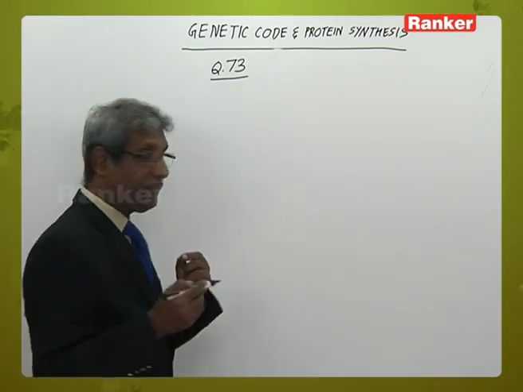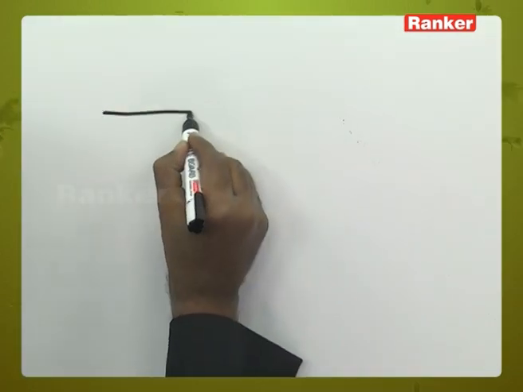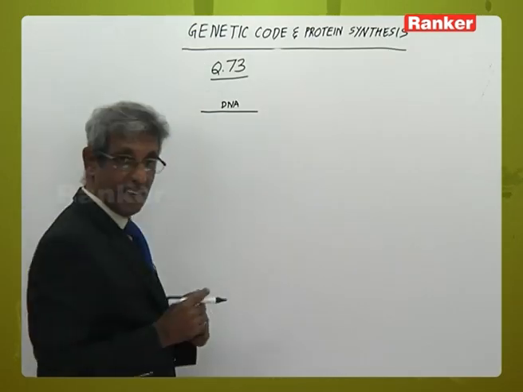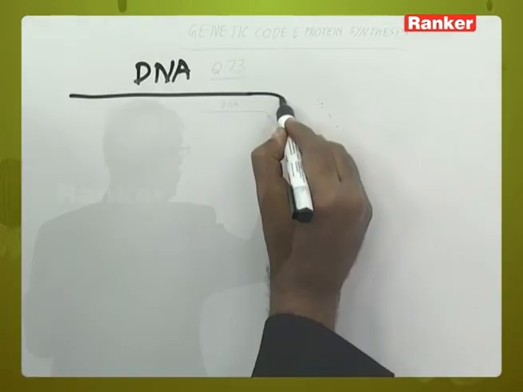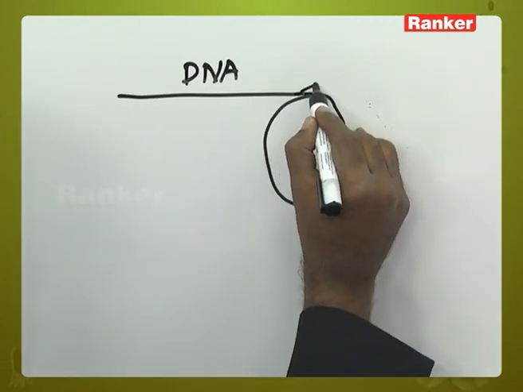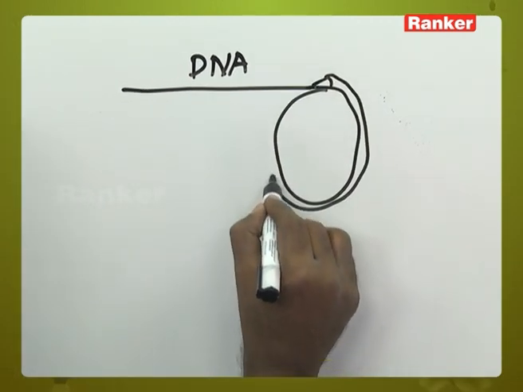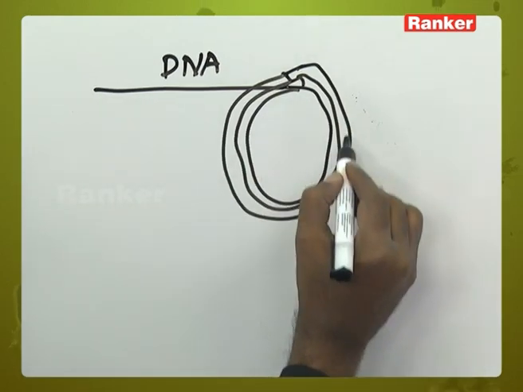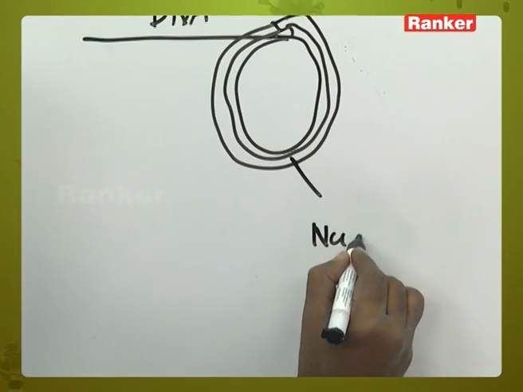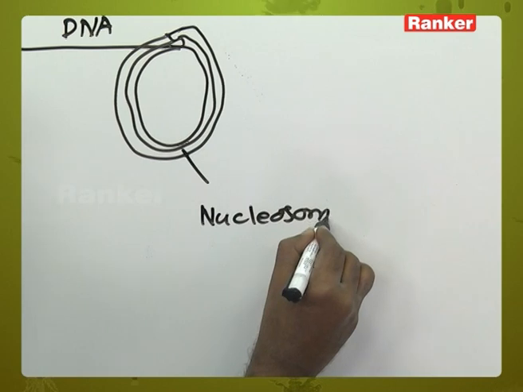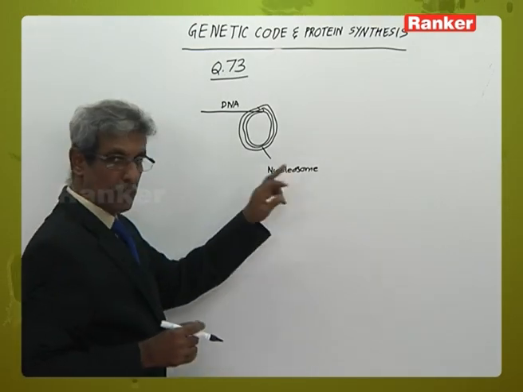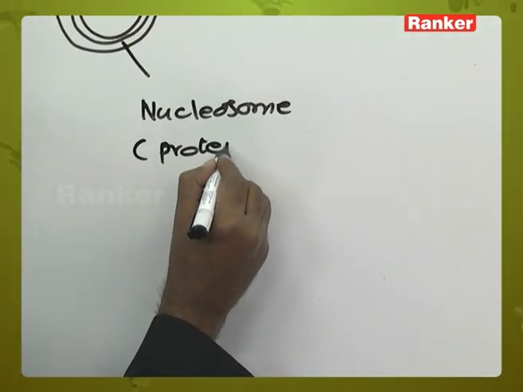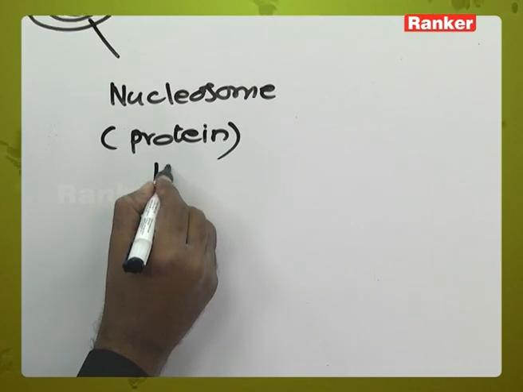When you have a large length of the DNA molecule, it is wound round structures called nucleosomes. A nucleosome is a protein complex, rich in histones.